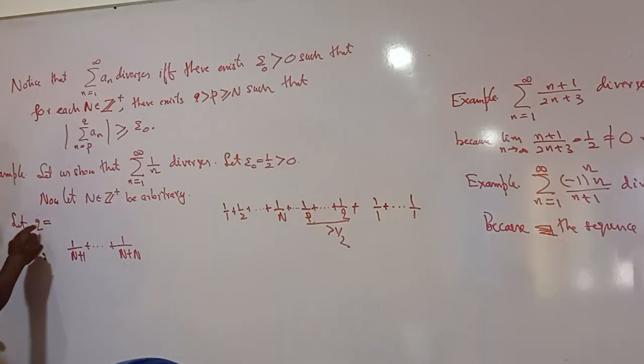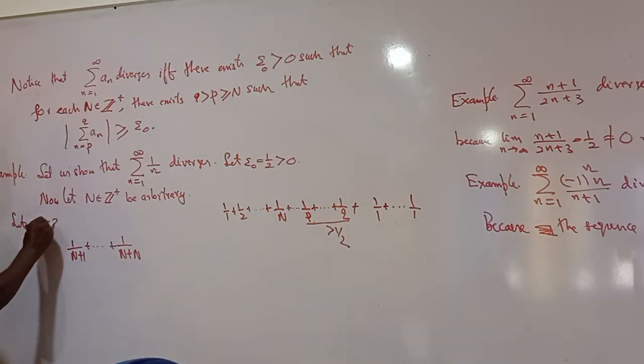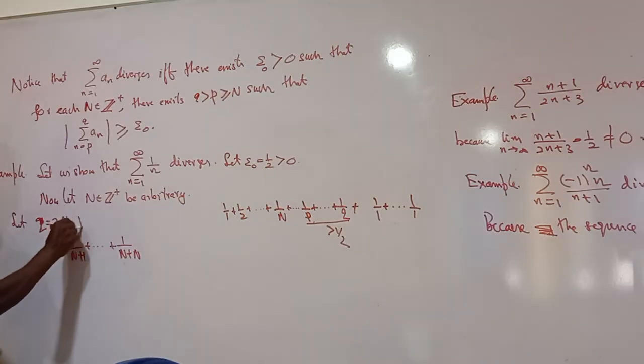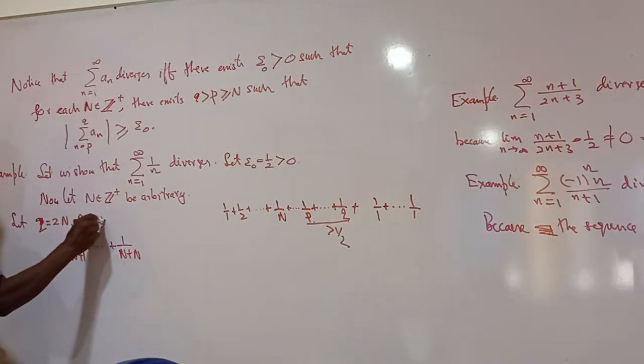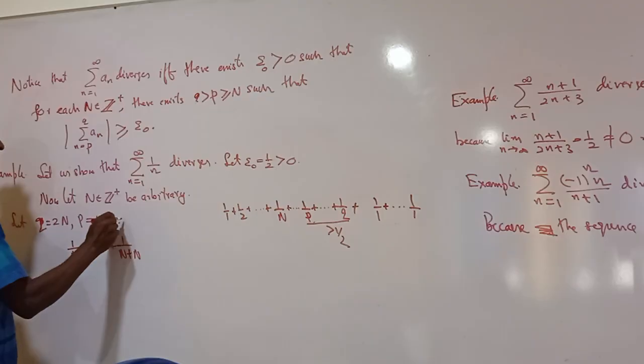So I will write mine. Oh, no. Q is equal to 2n, and P is equal to n plus 1.